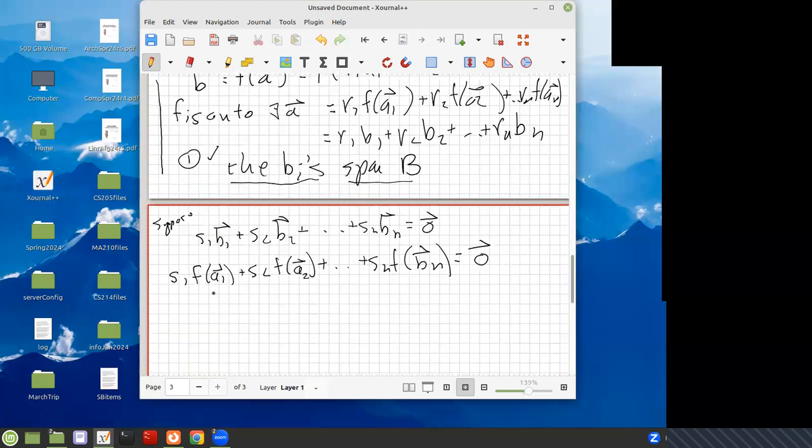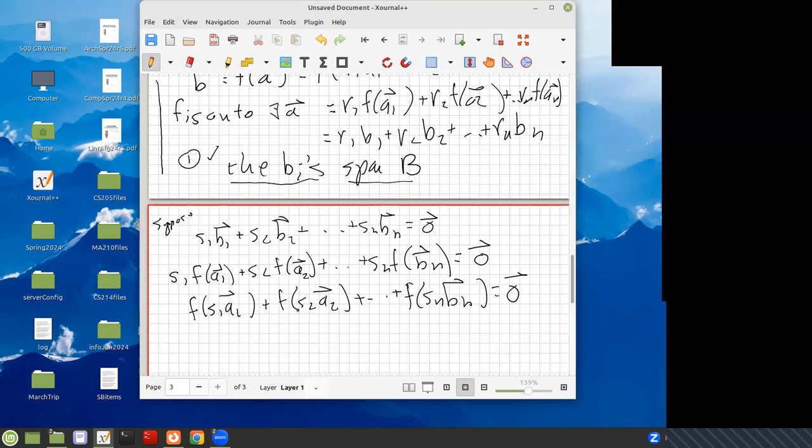Now, because F is linear, I can pull all these together and multiply in the S's. So this will be F of S1 A1 plus F of S2 A2 plus dot dot dot plus F of Sn An equals 0. That's using the multiplicative property of linearity.